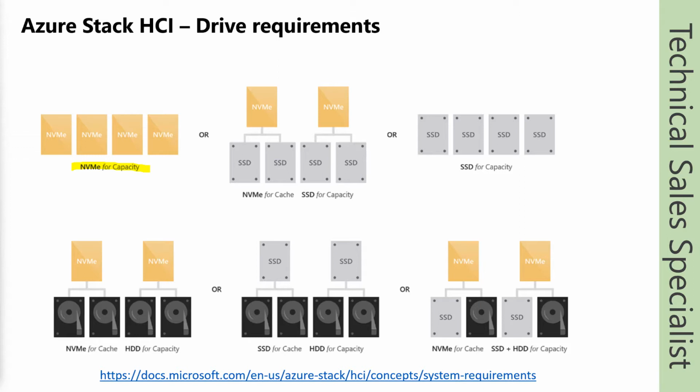Maybe a bit cheaper in the configuration is a SSD for capacity, where we use only SSD drives, and the SSD drives will provide the complete capacity as storage capacity. No storage capacity is used for cache. In the scenario where we use NVMEs and SSDs in combination, the NVMEs will be selected as cache drives and the SSDs will be selected as capacity drives.